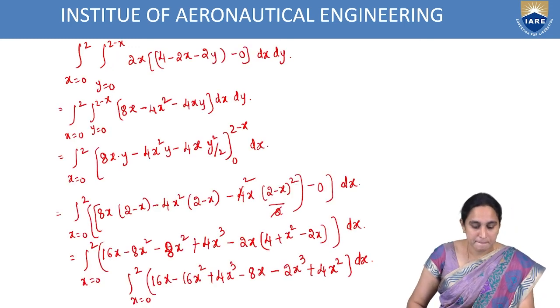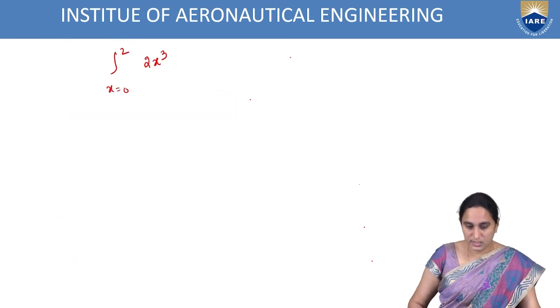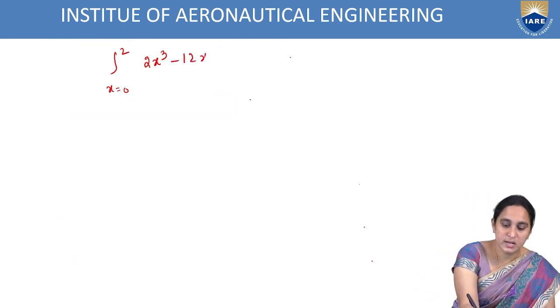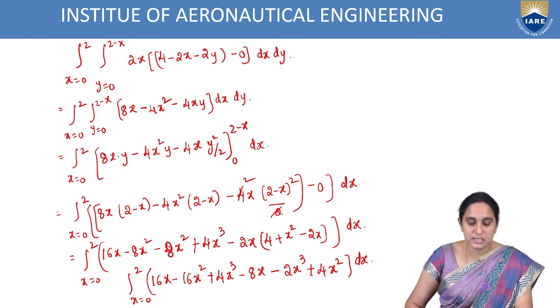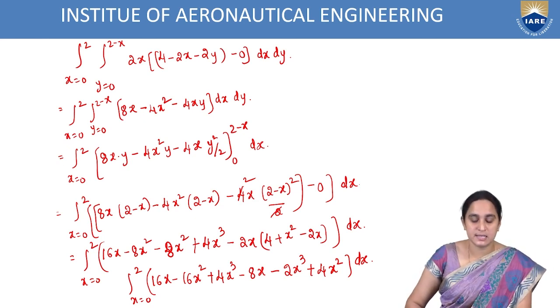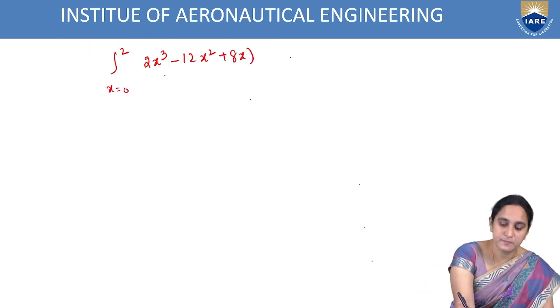And next, minus 16x square plus 4x square, that is minus 12x square. And the next one, 16x minus 8x, that is plus 8x, dx.